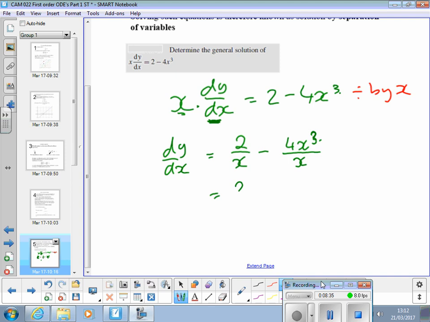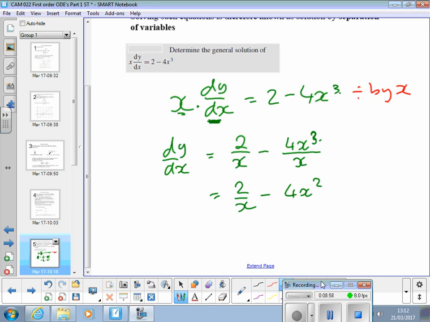So it is 2 over x minus 4x squared. All happy with that?